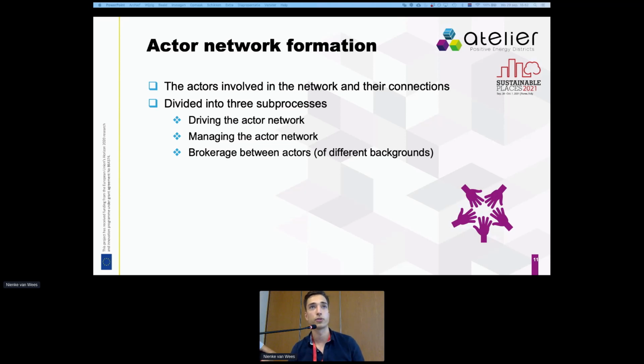They don't work with each other as much as other actors in the project. So it's very important to brokerage between these actors, to have some of the stakeholders, some of the actors to transmit information between the other actors who are not directly connected with each other.